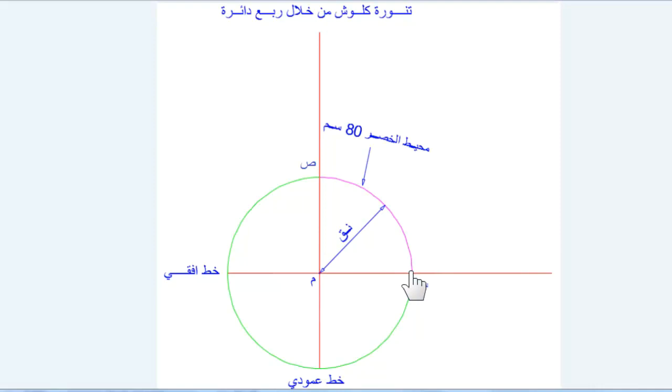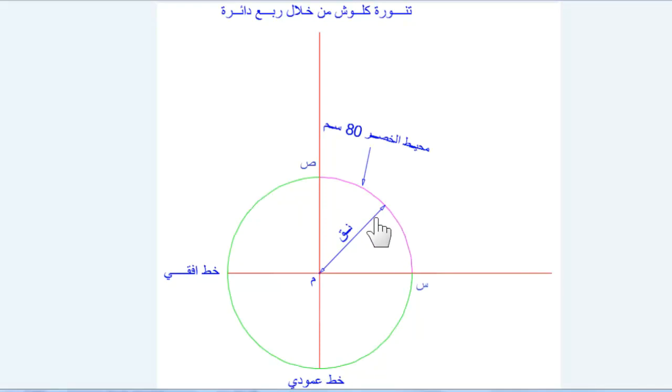So how much is the circle circulation? The rule doesn't talk about a skirt. The rule talks about the circulation of the circle, but we have a quarter of a circle, and this quarter is the circulation of the waist, which equals 80 centimeters. This quarter equals this quarter; if this is 80 centimeters, this is 80, this is 80, and this is 80.